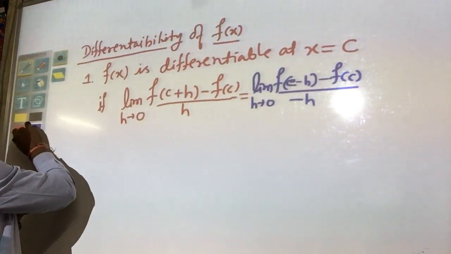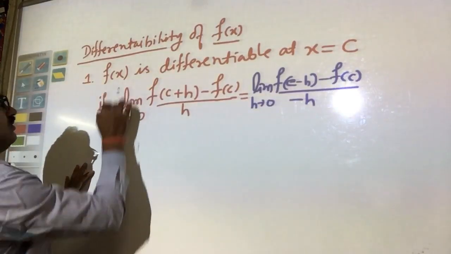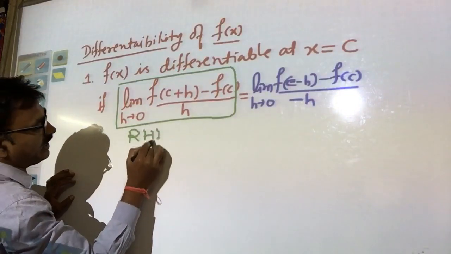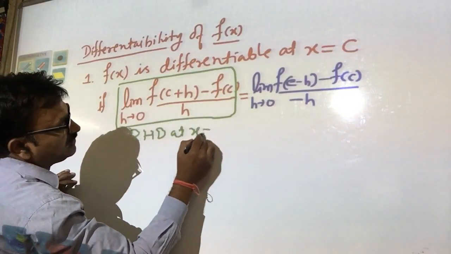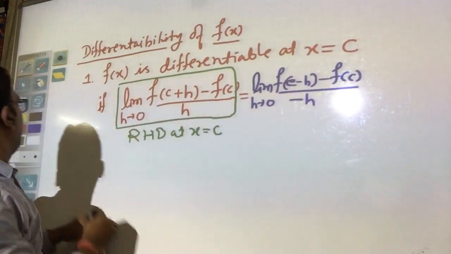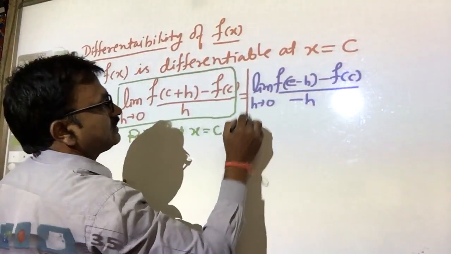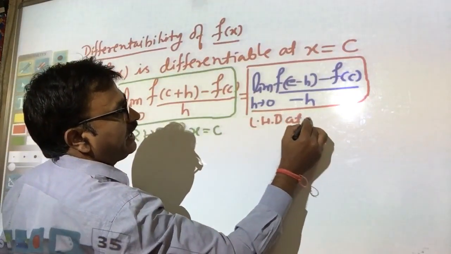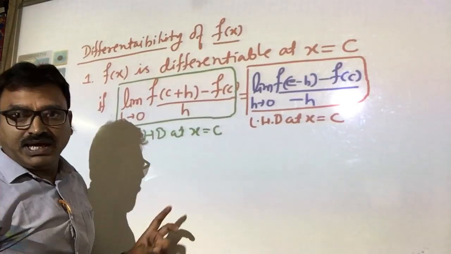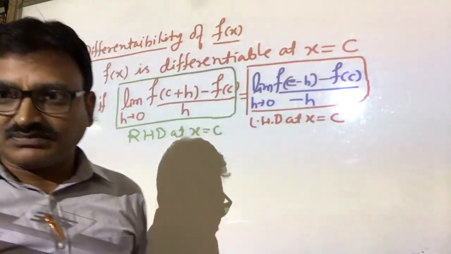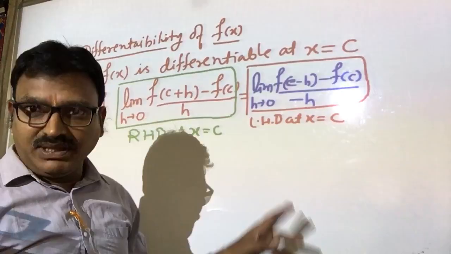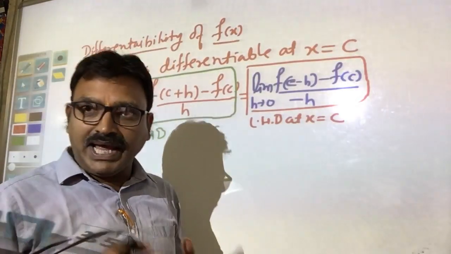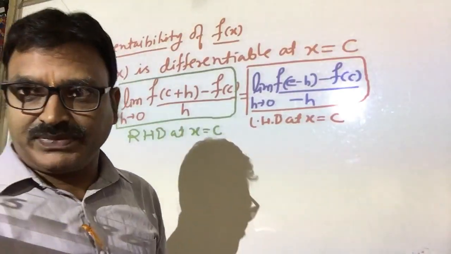This is called the right hand derivative at x equal to c, and this is called the left hand derivative at x equal to c. And if both are equal, then only the function will be differentiable at the point x equal to c.